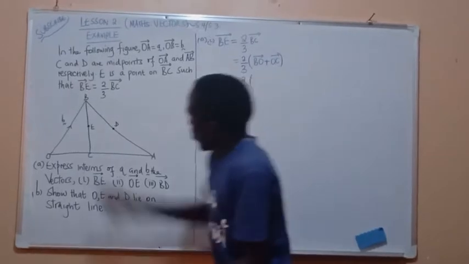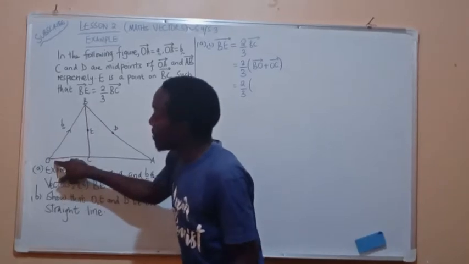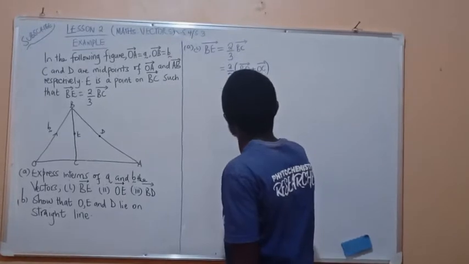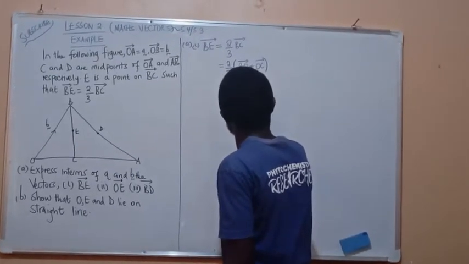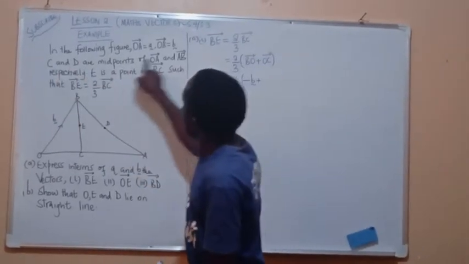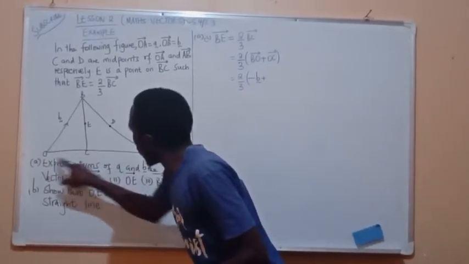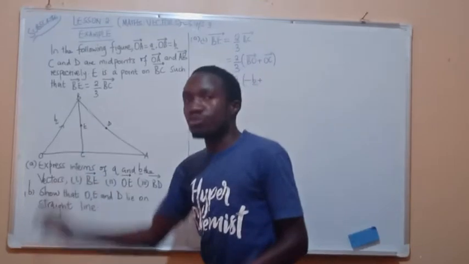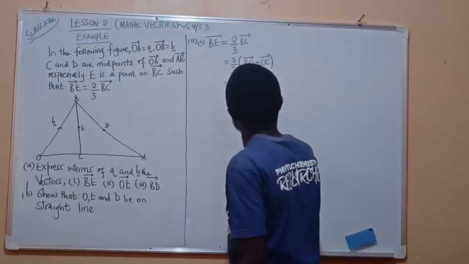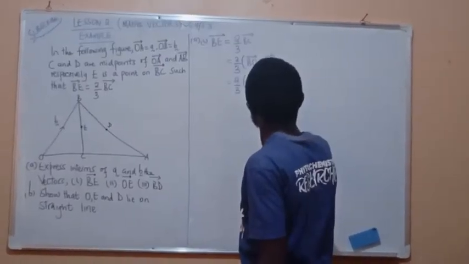Now, when it is OB, it is vector B. So when it is BO, we have changed the direction, so it is going to become negative vector B. So we shall have negative vector B plus OC. They have said that C is a midpoint of OA, meaning OC is a half of all of OA because it cut it into 2 parts. But OA was given as vector A, so we shall have it as a half of vector A.